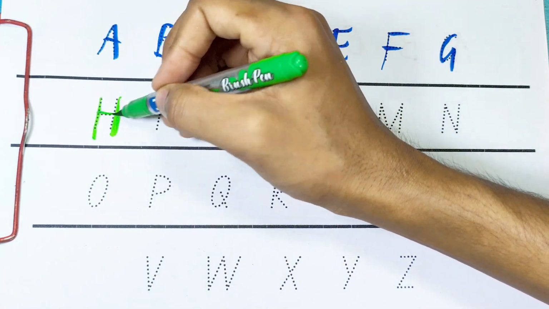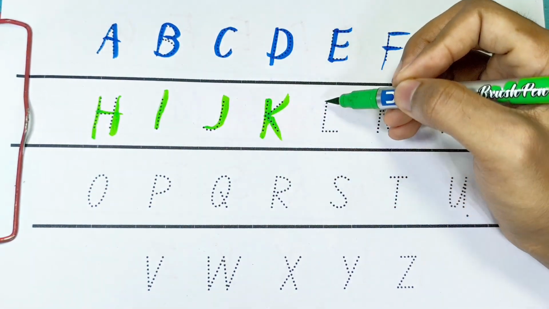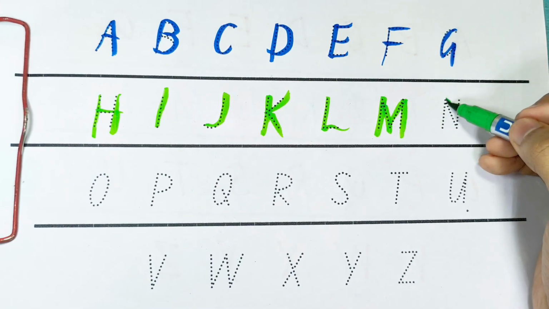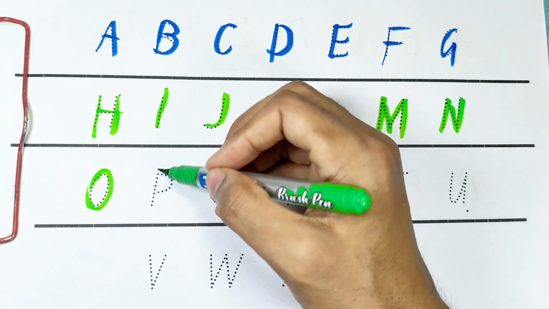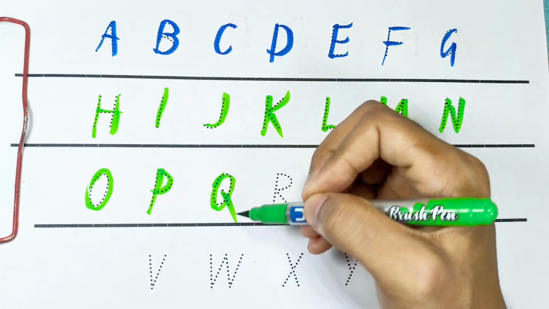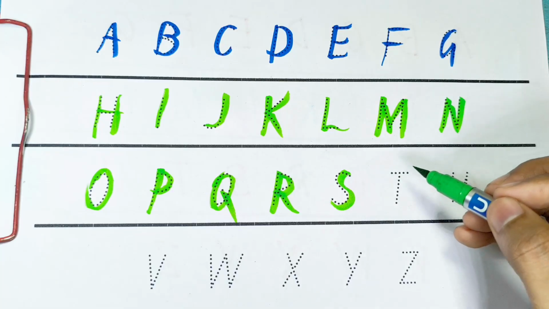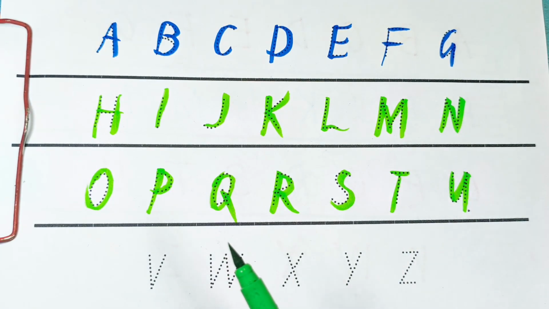H for hand. I, J, K, L, M. And the next one is N. N for nose, N for nest. Now you draw O, P, Q for queen. The next one is R, S, T for tiger, U for umbrella.